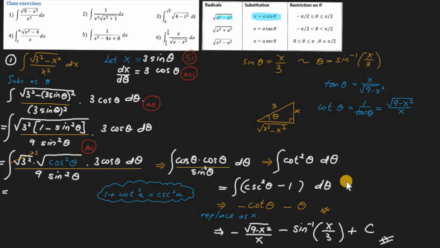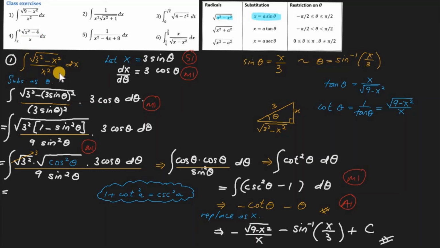That is why I ask you to print out your formula list so that you are aware of the formulas given in our formula list. The integral of cosecant square x dx is negative cotangent, but our variable is theta. And then here integrating 1 d theta, we get theta. So that's the answer in terms of theta.